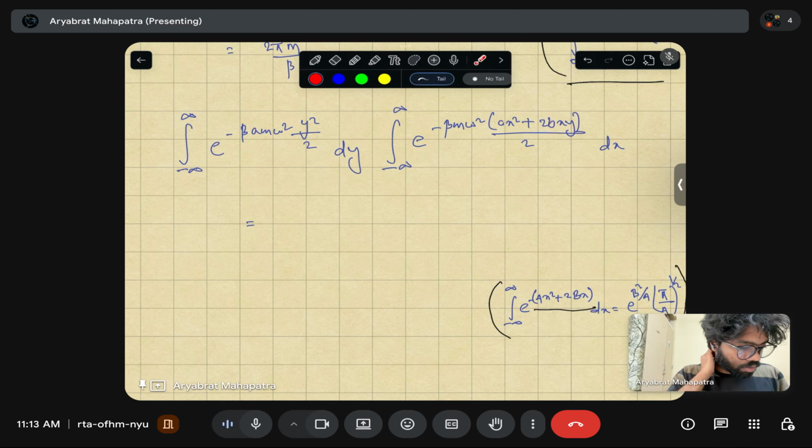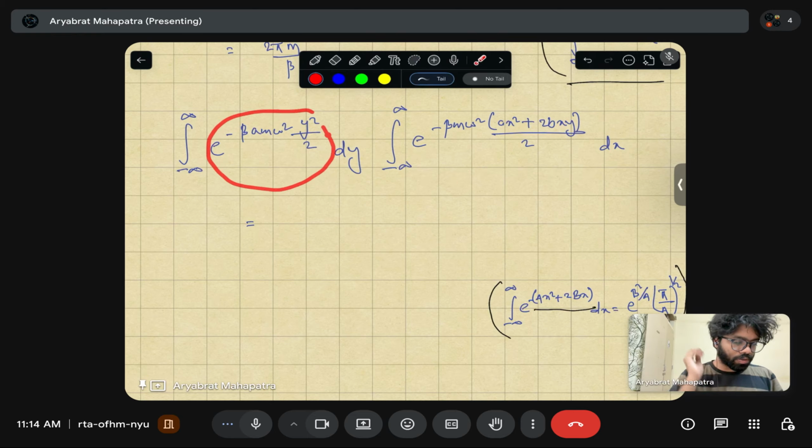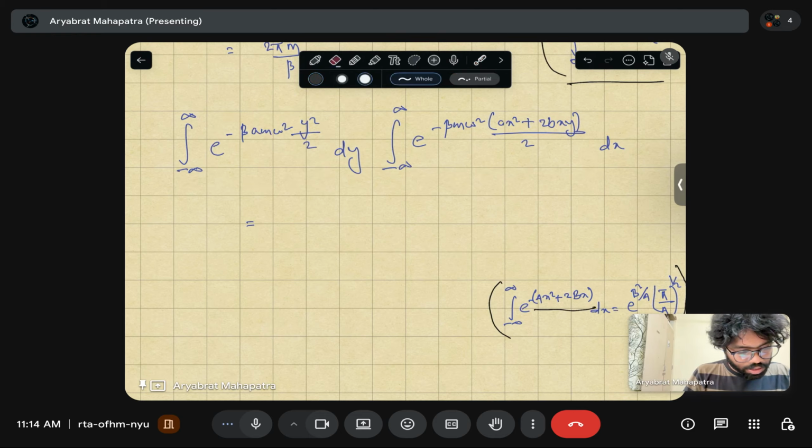So if you integrate out with x, then you are still left with y. Once you integrate out with respect to x, you will get something of the form which contains y, and then you will integrate the whole thing. So maybe I can do one thing. This integral is our b1.